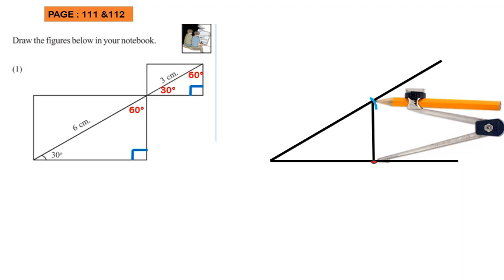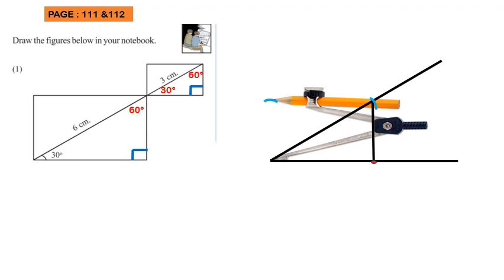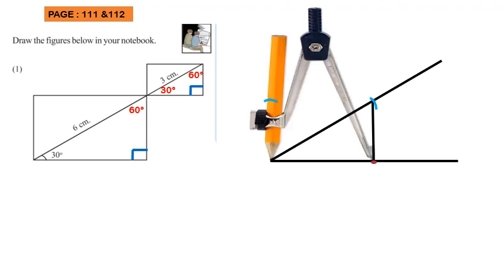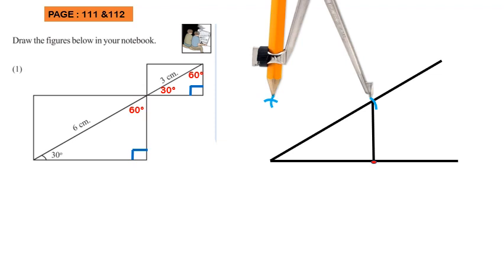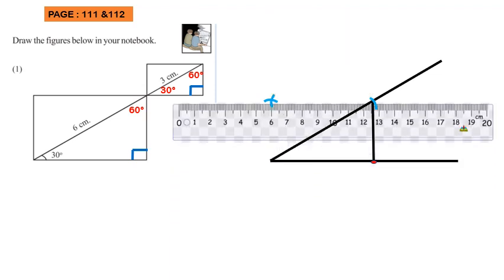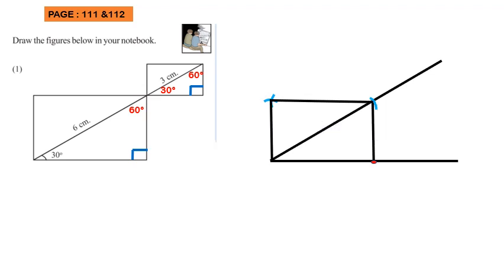Then use a compass and mark the length of its breadth to draw the opposite side. For that, draw an arc from this point and again take the length in the compass and draw another arc from this point. Then join these intersecting points by using a ruler.